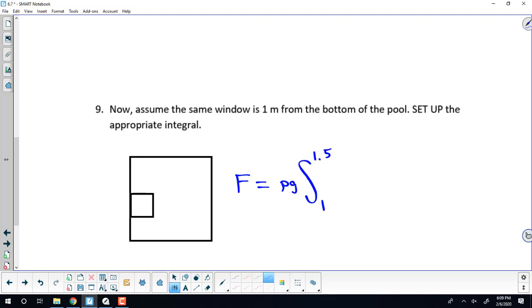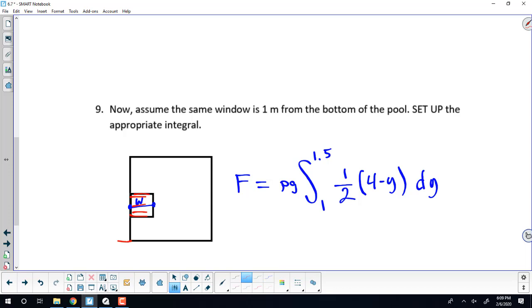What do y'all think? The height of the container didn't change, so the height minus the distance to where your cross section is located, some y value, didn't change. Also, the width of each cross section is still 1/2. But this time we're filling this from here to here.